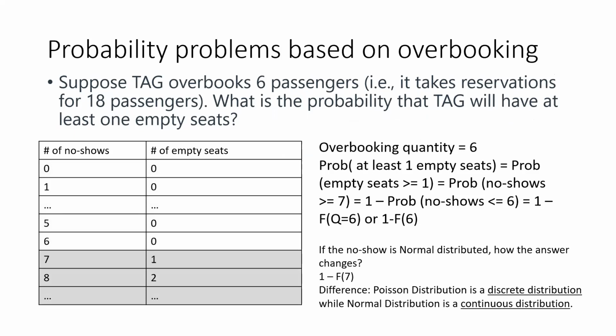For example, the probability of no-shows greater than or equal to Q is equal to 1 minus the probability that your no-shows is less than or equal to Q minus 1. Can you imagine that?